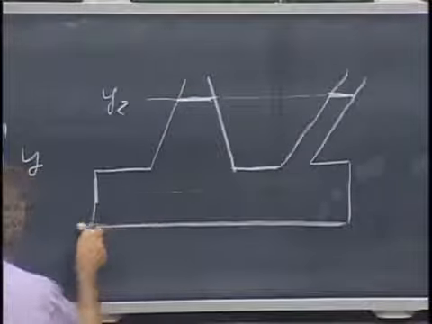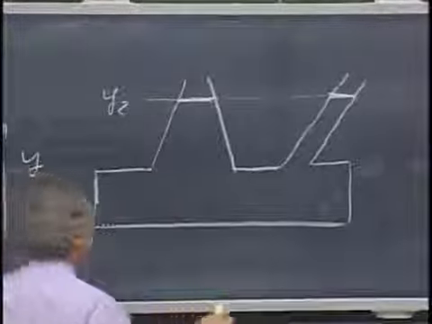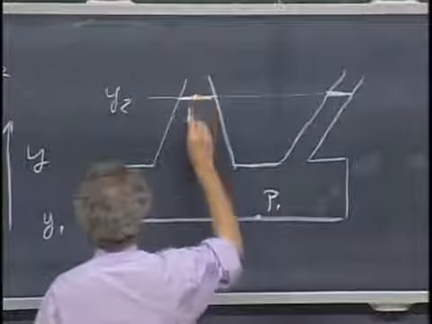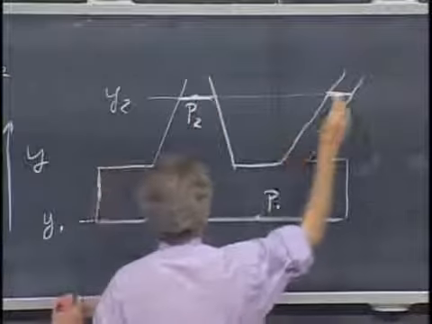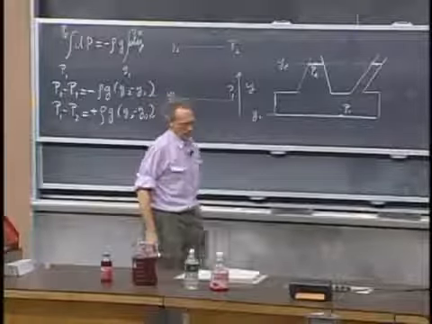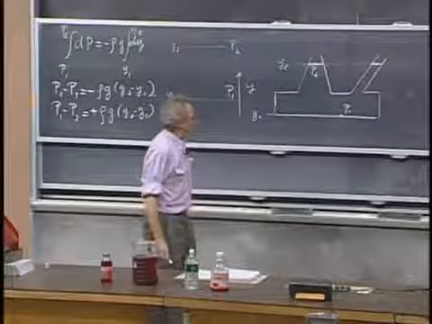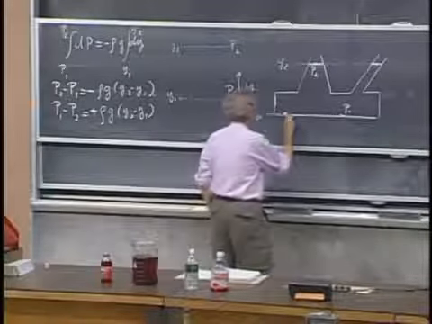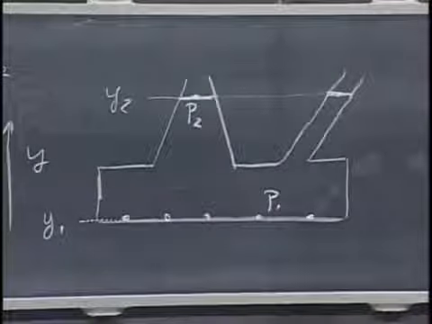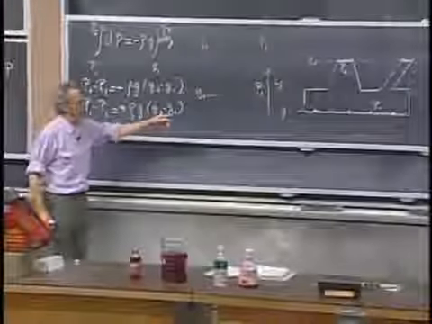Let's take the bottom of this vessel and call this Y1. And so inside here we have pressure P1, and right there we have pressure P2. Well, what Pascal is saying now is that the pressure here is everywhere the same, because Y2 minus Y1 is the same for all these points here.